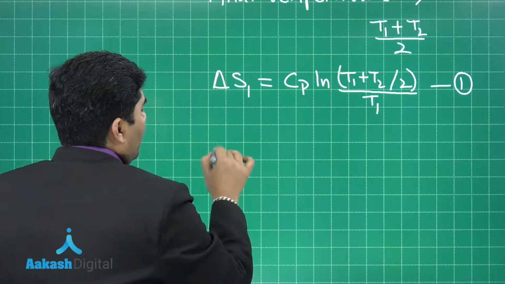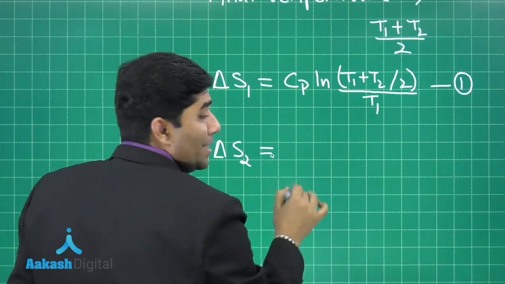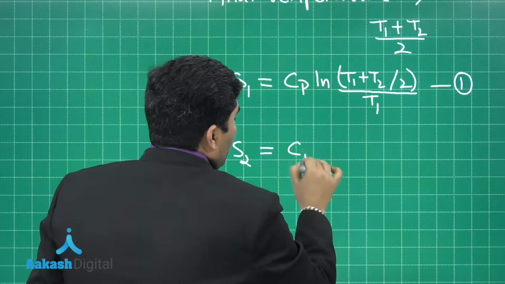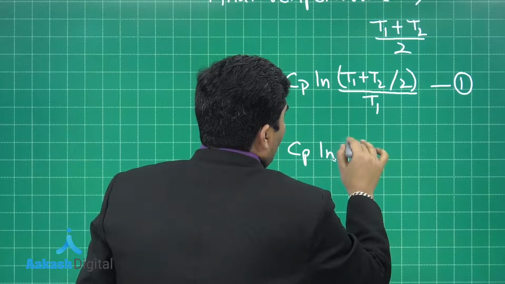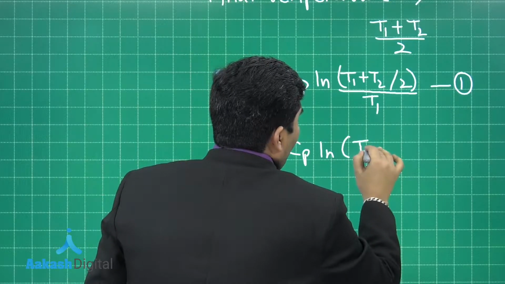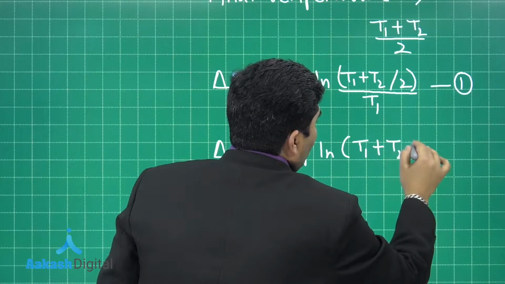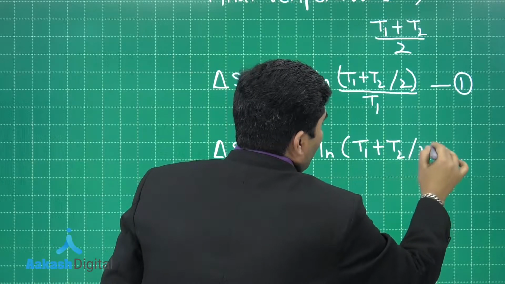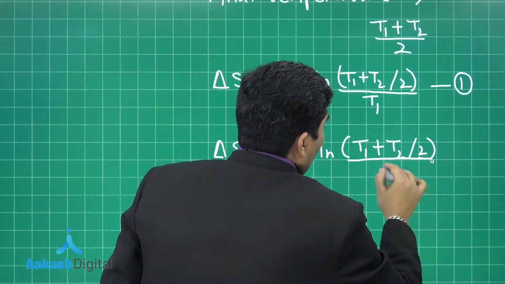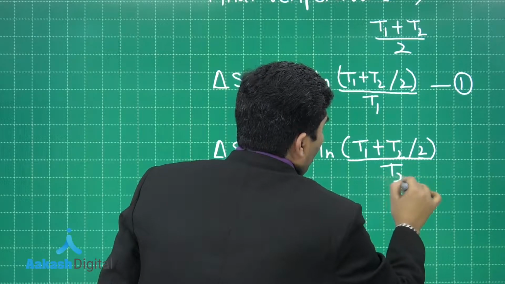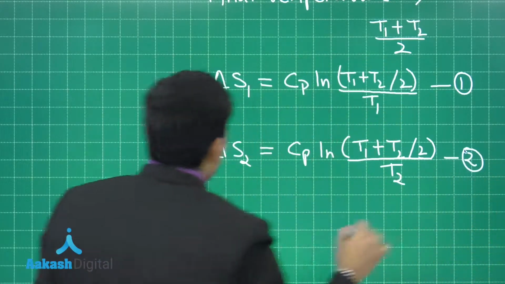And delta S2 for the second block is Cp ln T1 plus T2 whole divided by 2 upon T2. This is equation number 2.